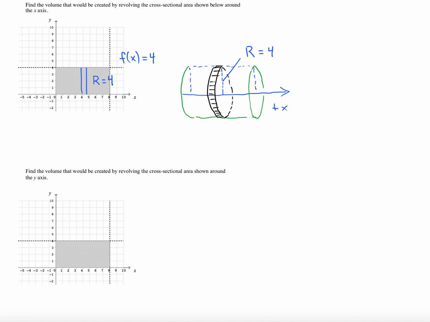Next, we want to know what is going to be the width of our disk. Well, we're cutting it up along the x-axis, and we want to have an infinite number of slices that are infinitely thin. If they're infinitely thin, then we won't call the width x. We're going to call it dx, where d stands for infinitely small.